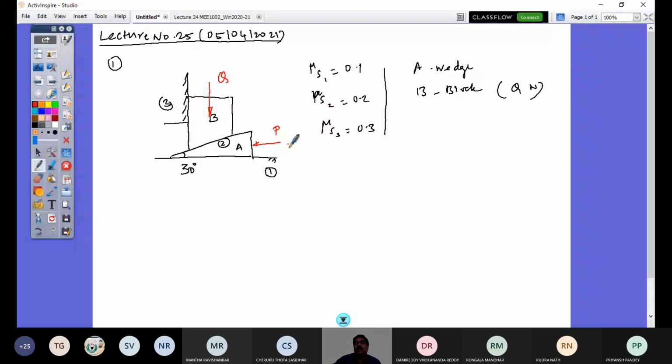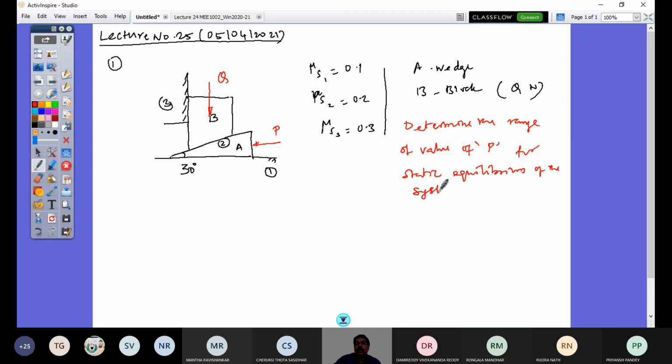The question is: determine the range of value of P for static equilibrium of the system. Any doubt in this question? Here the wedge is not of a smaller angle, rather it is of 30 degrees inclination, and the block is kept over it.